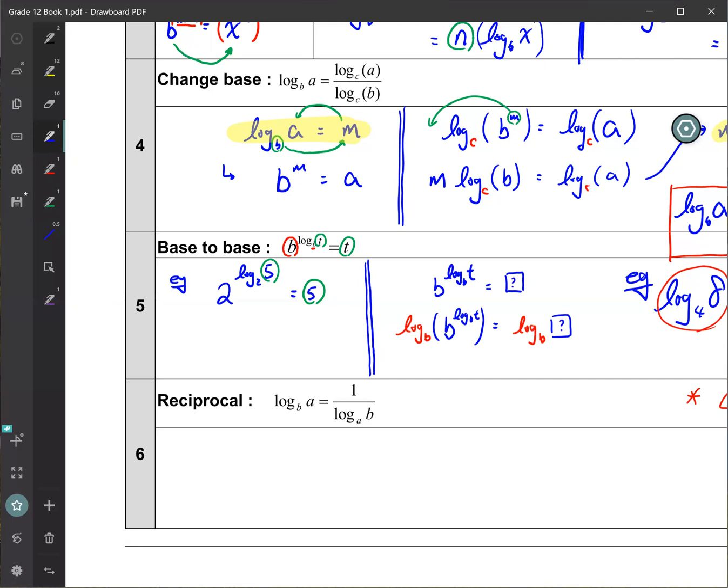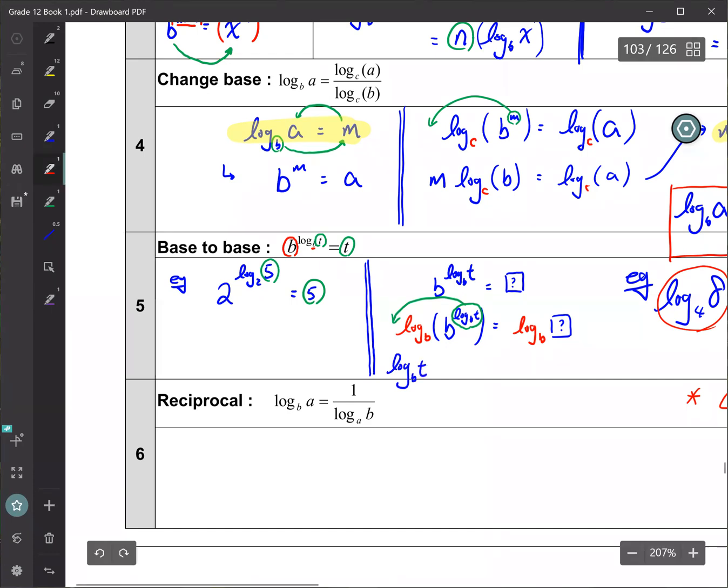Just like before, we put a log on both sides. And then same thing as last time, we can also now bring the exponent down, just like the m, we took the m down to the front. So now what we have in the front is log base b of t.